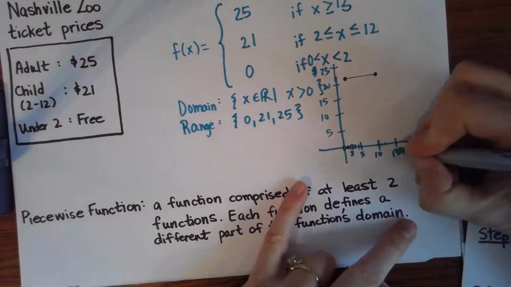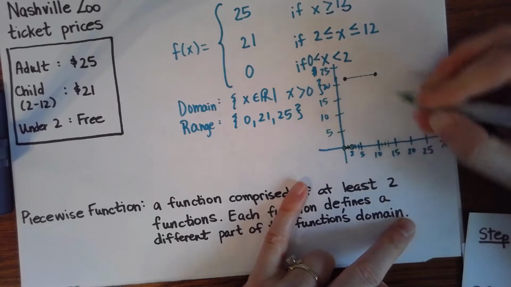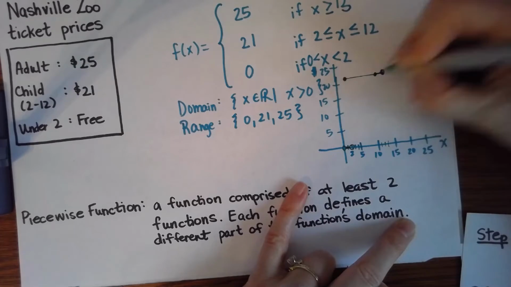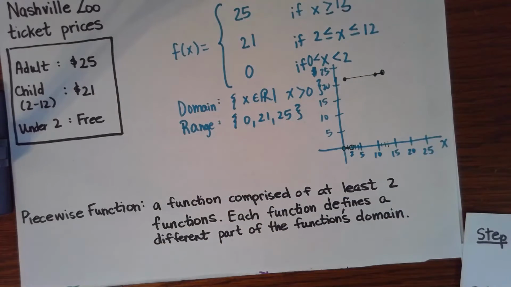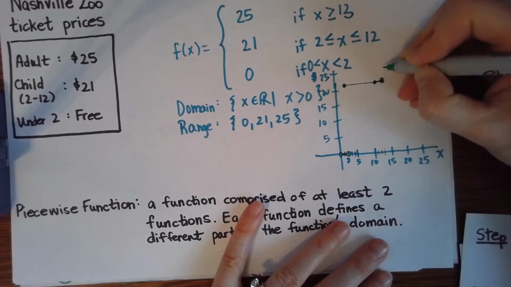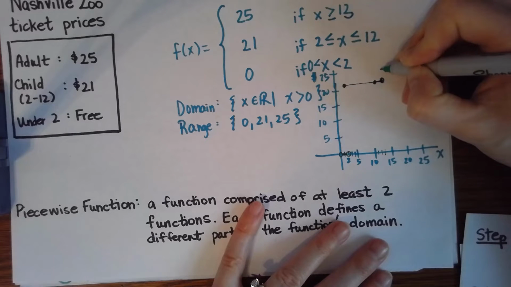Okay. And so if we do it that way, actually right up until you're 13, you're going to have to pay $21. But once you get to be 13, you got to go to 25.